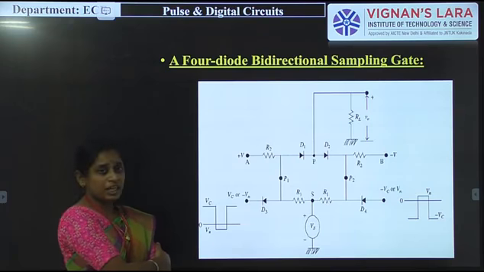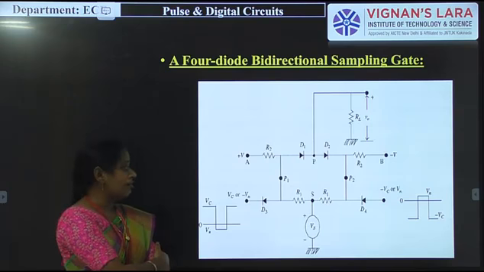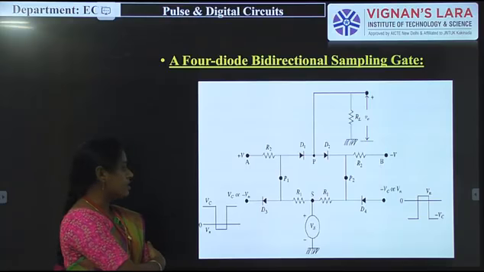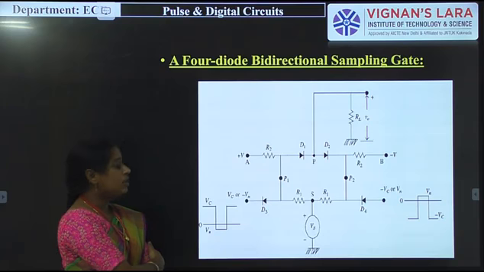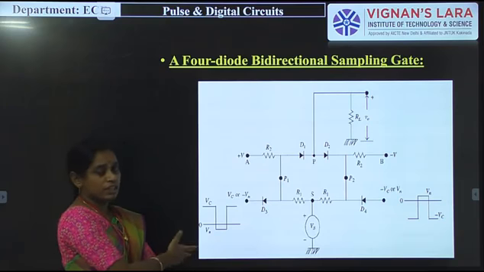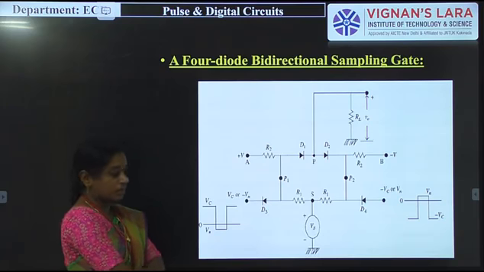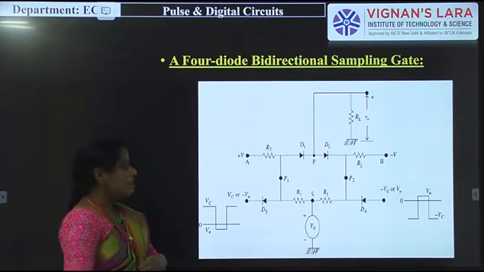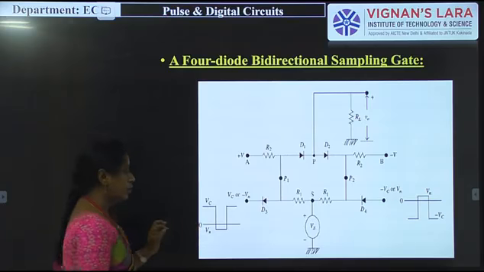But here for the control signal operation, I am using two extra diodes, diode D3 and diode D4. What are they used for? For the control, nothing but for increasing the gain.